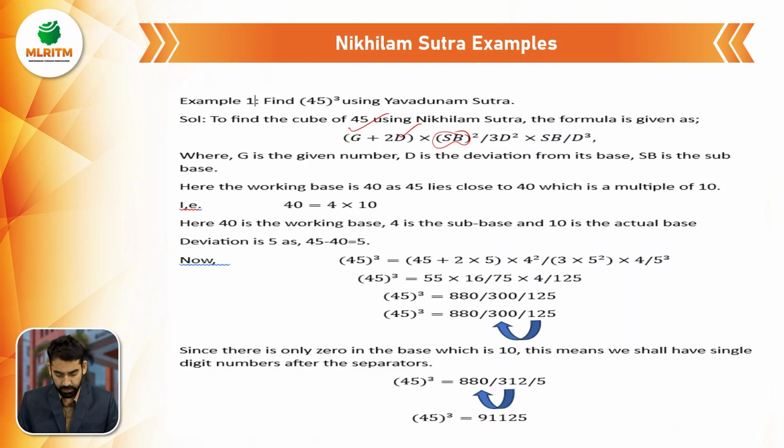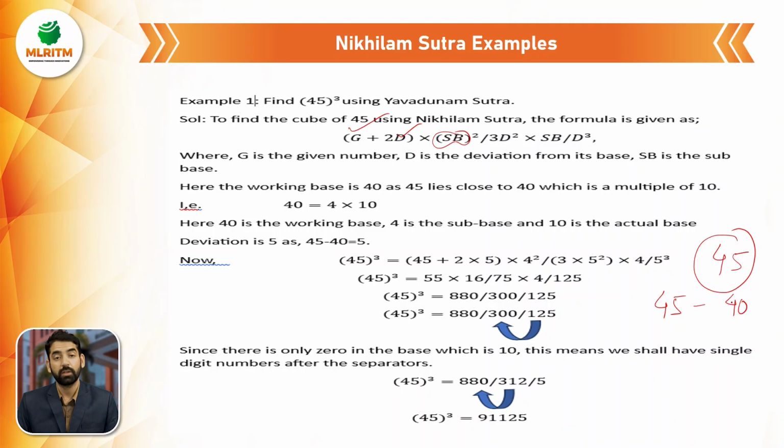Now students, we have the number 45, and as per Nikhilam Sutra, to find the cube of this number, we need to first find the sub base, or we can say the working base. We need to find which working base this number lies close to. 45 lies close to the working base 40.